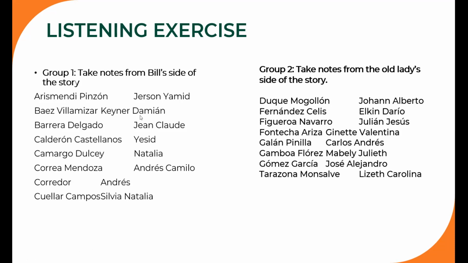Then, after we listen, group number 2, so Johan, Elkin, Julian, Jeanette, Carlos, Mabel, Jose, and Lisette, will take notes from the second story, the old lady's side of the story.